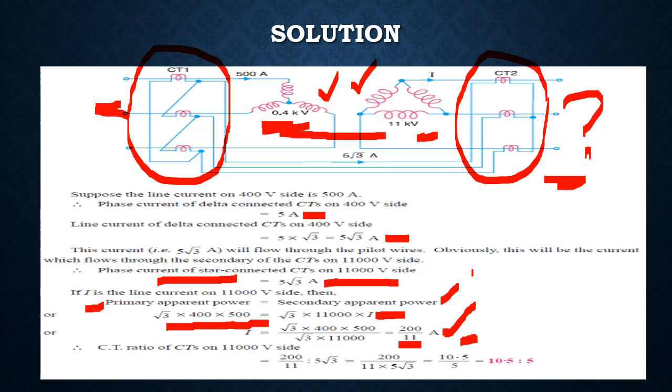What is the ratio? The ratio is 200 by 11 divided by 5 root 3, that is nothing but 10.5 by 5. So this is the CT ratio of CTs on the 11,000 volt side.